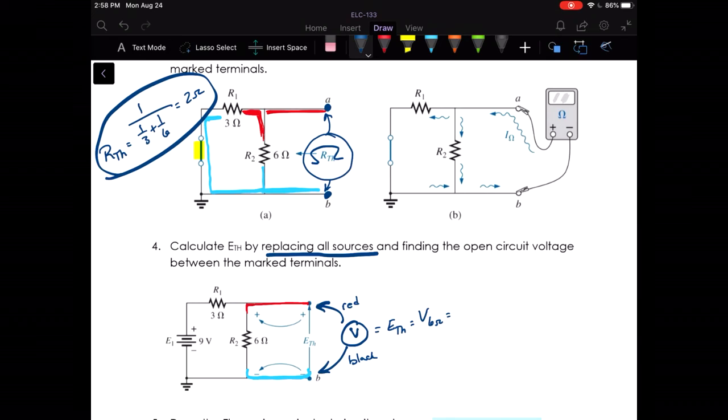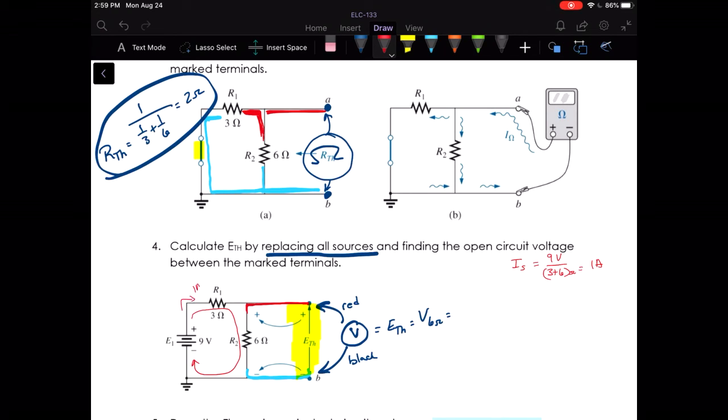So how do we calculate that? Well, this portion of the circuit is open. Okay, I know it looks like it's connected because they've drawn in that E Thevenin there, but it's open. So basically we've got a series circuit here where our I sub S is just 9 volts divided by 3 plus 6 ohms, or 9 ohms. And we've got 1 amp of current there.